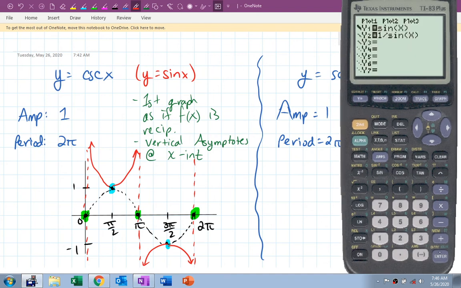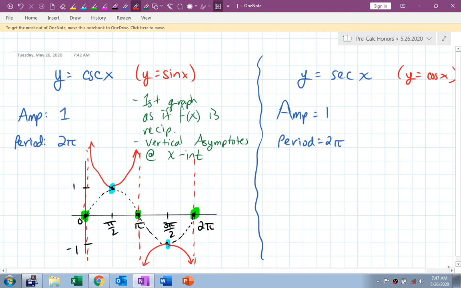Actually, let's see if we can make it dotted. No, it's still a nice looking graph. All right, but so your sine graph's there. You can kind of see what's happening. And what we just graphed was this U up there and this one there. And that's really all it is to it. So if we were to turn this one off, we would have our cosecant graph with the U's, which is great.